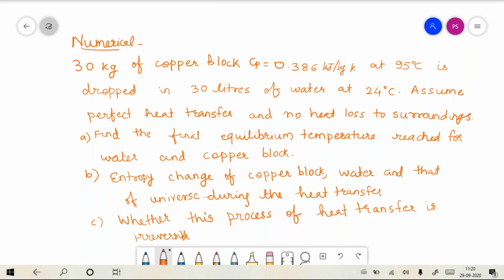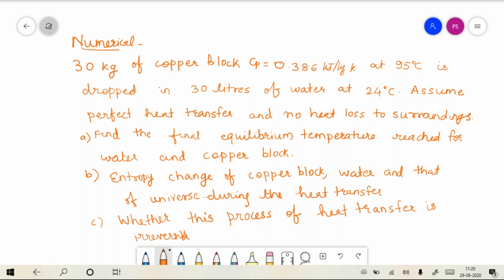So we need to assume this heat transfer which is happening here as a perfect heat transfer, and neglect all the losses to the surroundings. By surroundings we mean the surroundings of the copper block and water. So in this heat transfer, assume that there is no heat loss to the surroundings.